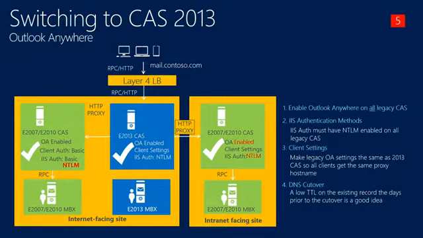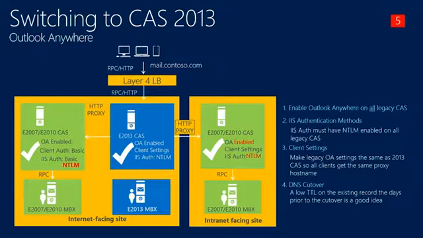Because when you do that cutover, you want the clients to get that address fast. Typically 5 minutes is a good TTL to have on that. If you're using something like 15 minutes or a half hour now, that's maybe acceptable in your organization. It really just depends on how quickly you want your clients to pick up the change.